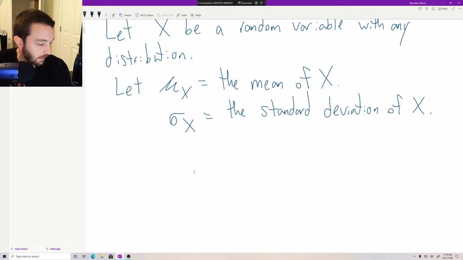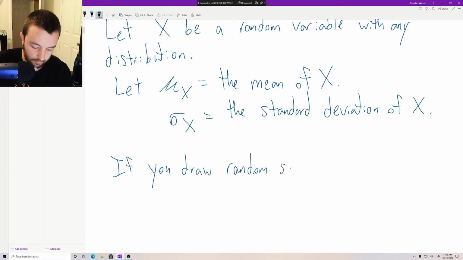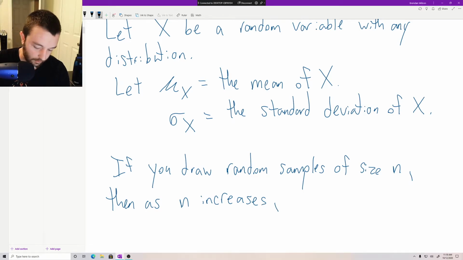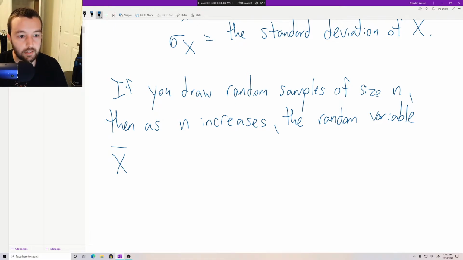So what the central limit theorem says is that if you draw random samples of size n, then as n increases, so as n gets large, the random variable X bar, remember we use little x bar to mean the sample mean.